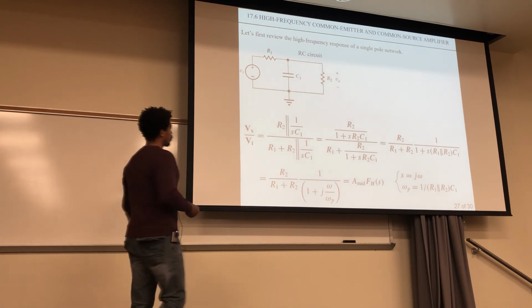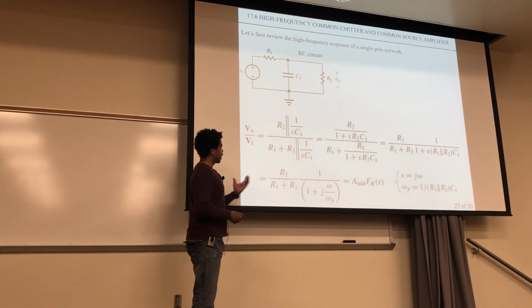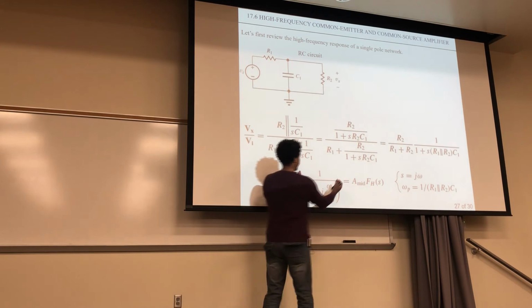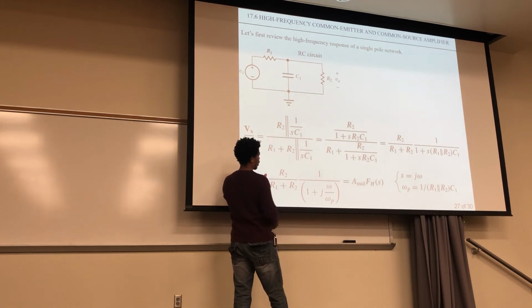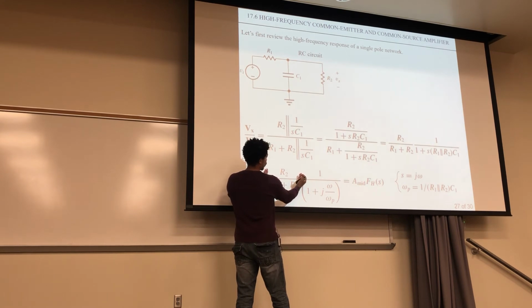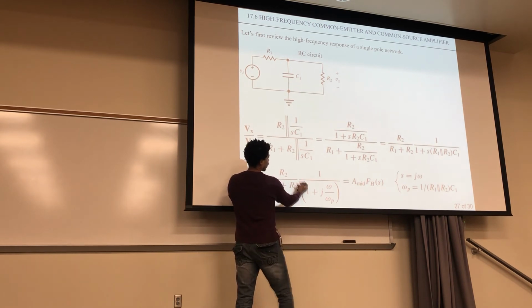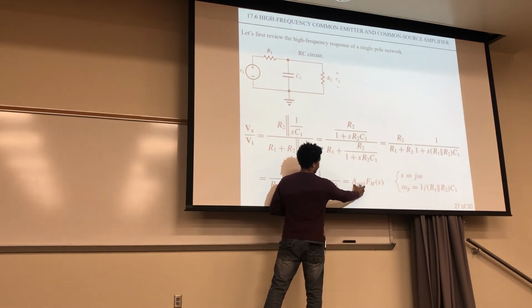That's why we're doing all the reduction here. Like before, we'll take this factor out in front to be the gain in the mid-range, and this expression will be the high frequency component, your FH.